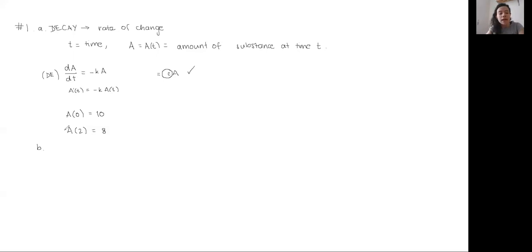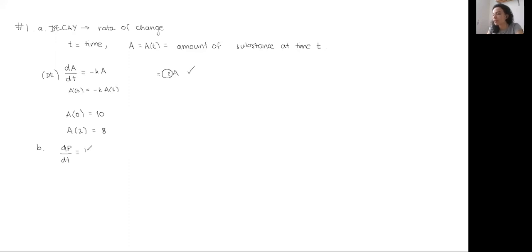Okay. So for the second problem, same thing. We're gonna have a population. In the population, you're given the letter. So P is the population at time t. And the rate of increase, so that means the rate at which the population is increasing, dP over dt, is proportional.